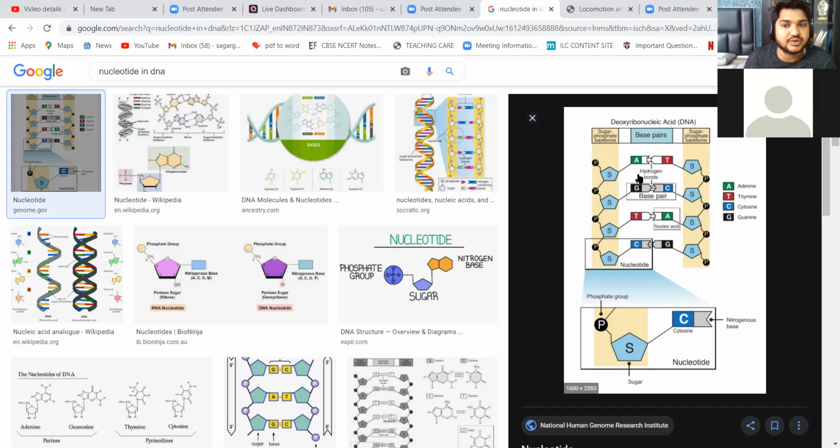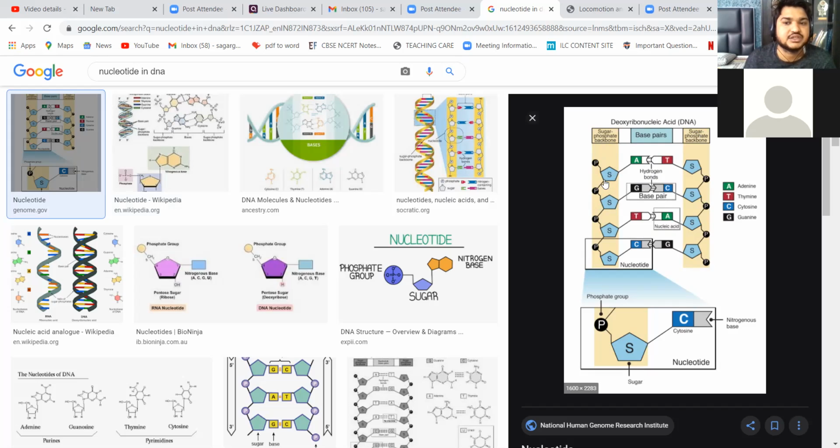Now, you asked me why it has a 5 and 3. If I do the numbering, can you see, this is the sugar: 1, 2 and 3.